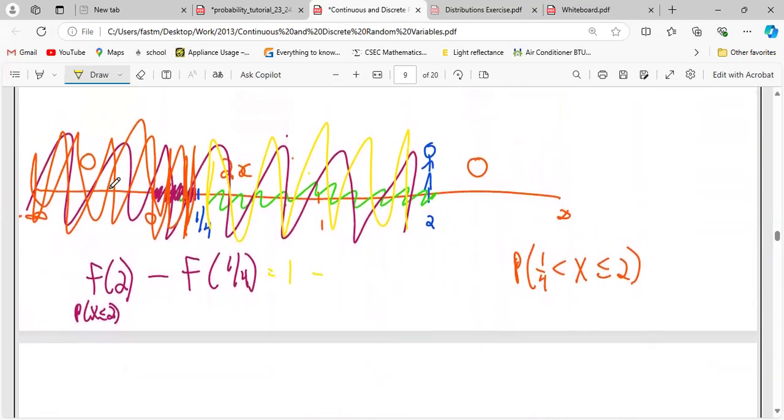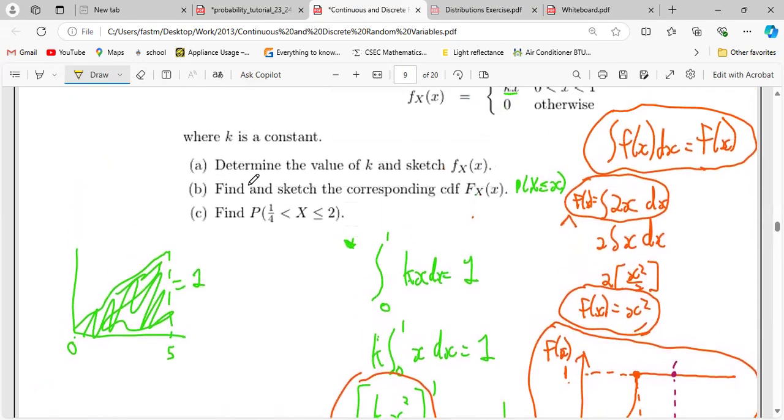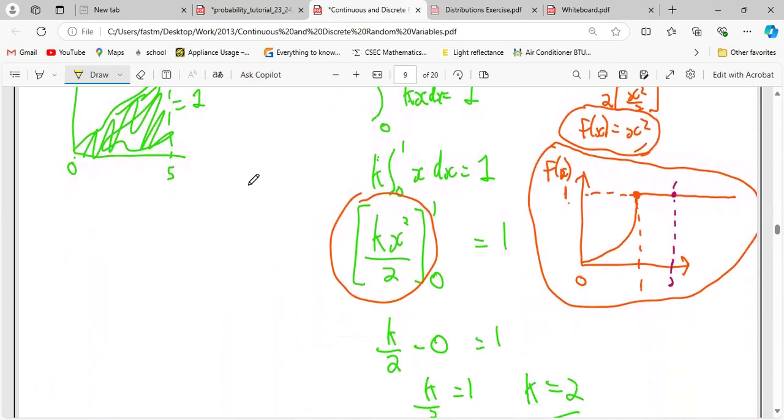If you had plugged this line alone, you'd have to integrate 2x and plug it in. But luckily we did that already because we have something called the CDF. So a quarter here, if I was to go up, I'll get this here. The equation of this line in the CDF is x squared.